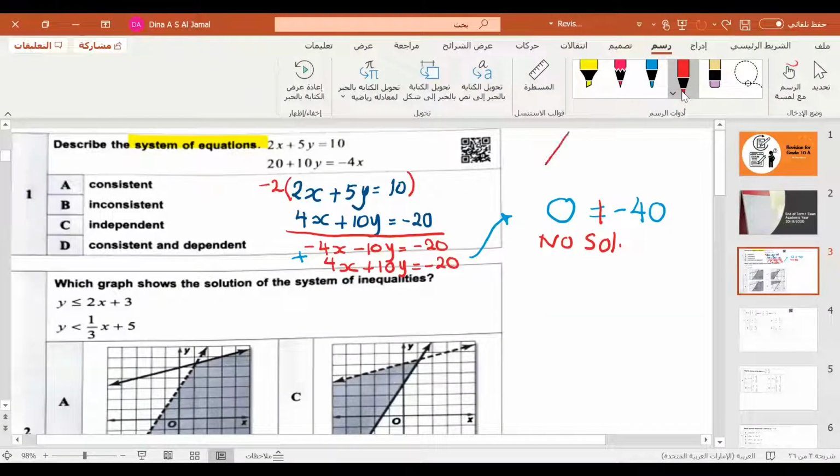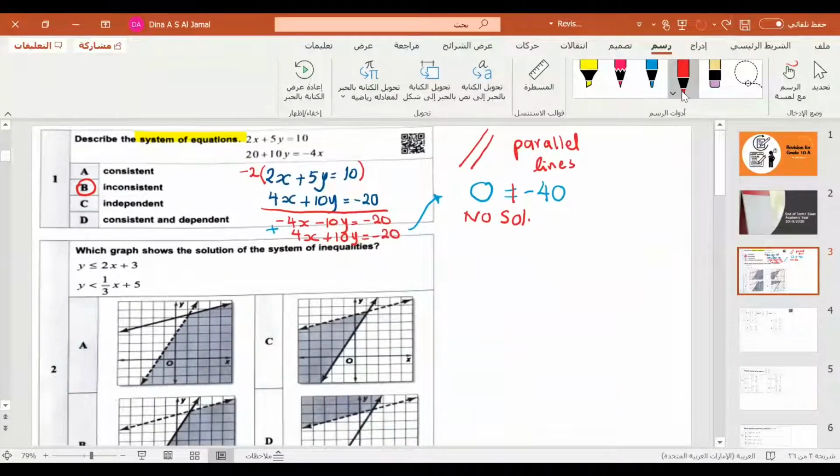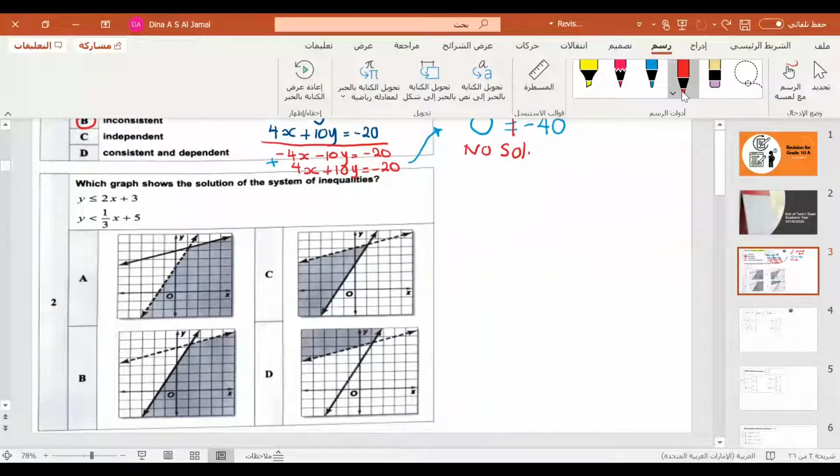You are having two parallel lines. And whenever you do not have any solution and they are parallel lines, you can call them inconsistent. That's it.